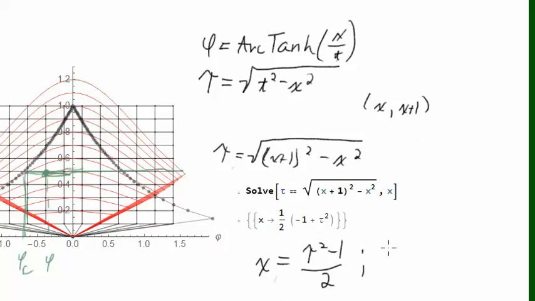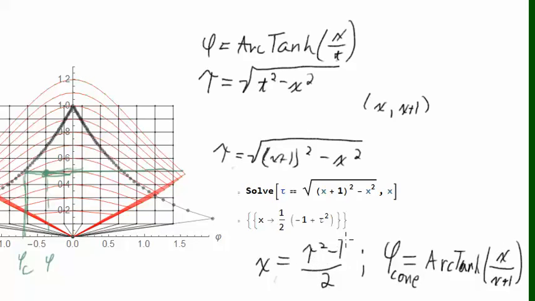Then we can plug in phi of the cone is equal to arctanh of x over x plus 1, which will be tau squared minus 1 over 2 divided by tau squared plus 1 over 2, I think.